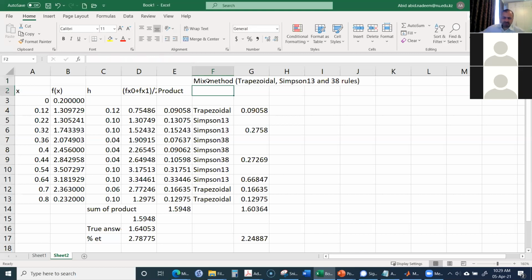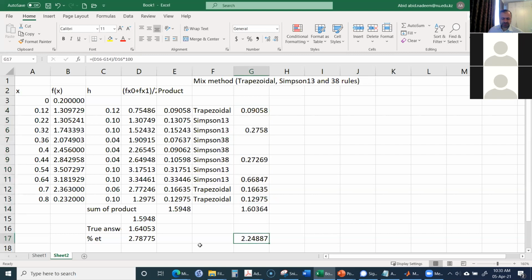Okay. Looking at this data, the trapezoidal rule applies to the first segment, then Simpson's 1 by 3 rule applies to the next two segments, Simpson's 3 by 8 rule applies to the next three segments. Then again, Simpson's 1 by 3 rule applies to the next two segments, and for the last two segments, the trapezoidal rule is applied.